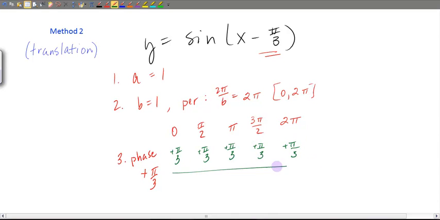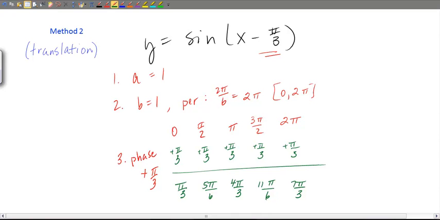We're going to add those straight down, and when we add these up, we end up with pi over 3, 5 pi over 6, 4 pi over 3, 11 pi over 6, and 7 pi over 3.